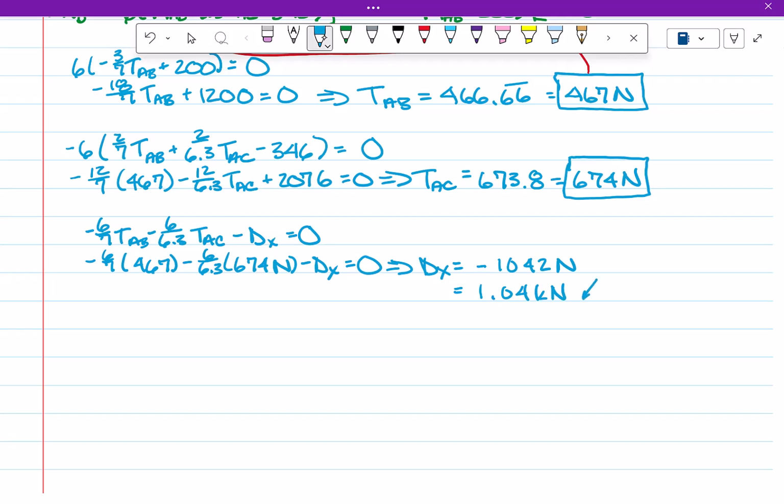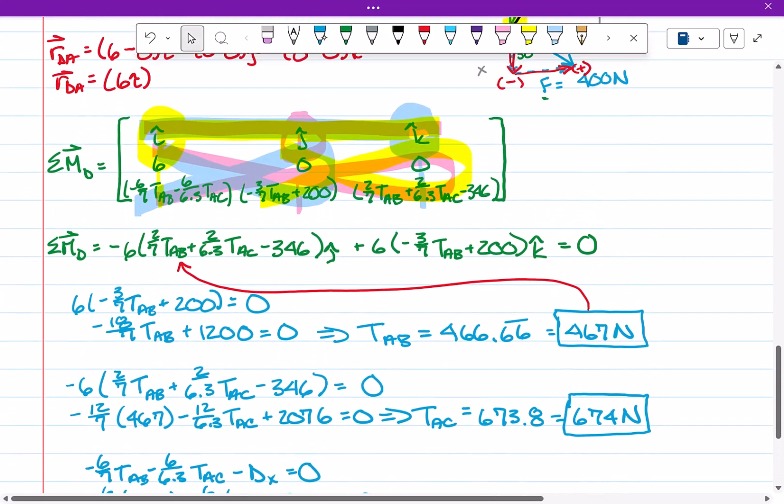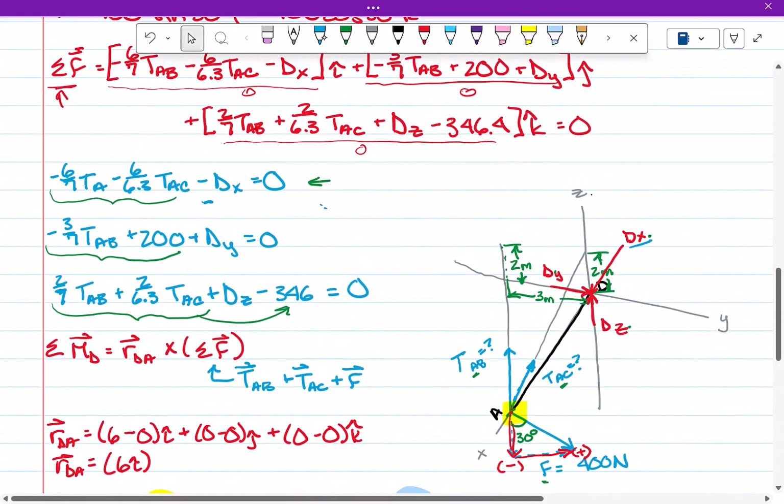Next, let's pull the others because we need to calculate our dy and dz. So let me copy this over and bring it down over here.